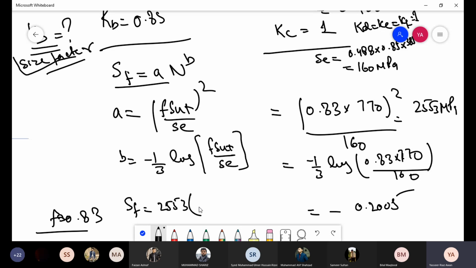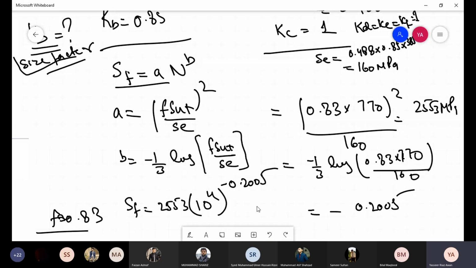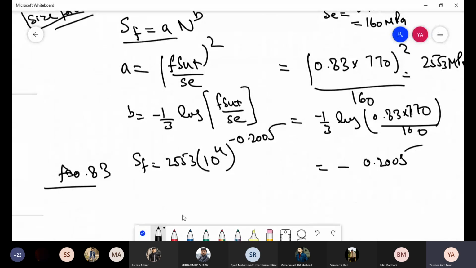So our required number of cycles are 10,000. So you put 10 raised to power 4 here. So that would give you the fatigue strength equal to 403 megapascal.